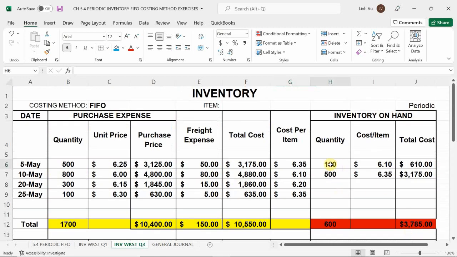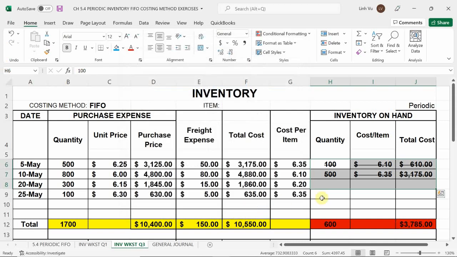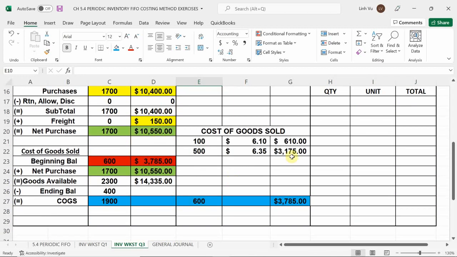If you use the cross-out method, you can too. I like to do that so I know I don't have my beginning inventory. So now I got rid of my first 600 units. I still need to get to 1900, so that means 1300 more I need to sell.